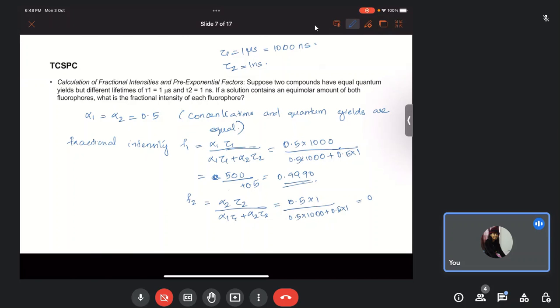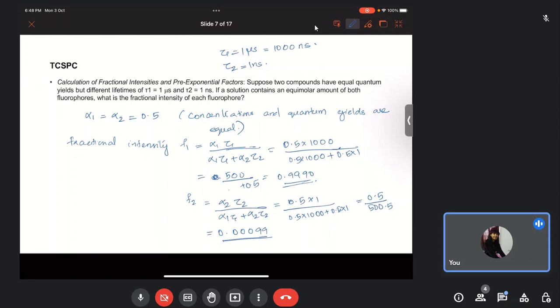So this is 0.5 divided by 500.5, which is equal to 0.00099.